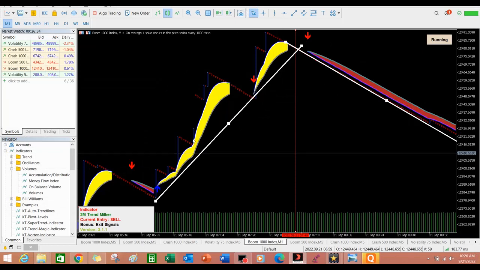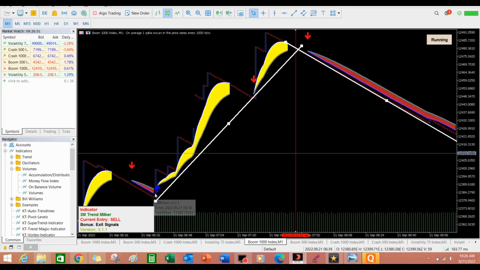And of course, guys, within this period, this is the best time you can trade the spikes. Okay, and of course, with this you can easily avoid the spike. Okay, the reason is, let's check out this.